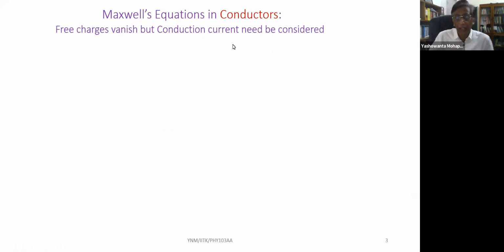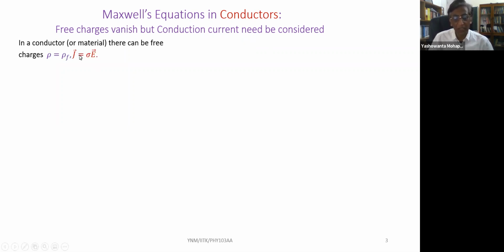But we had to ignore the current in the dielectric or even in vacuum. Here we have to include the conduction current, J is equal to sigma E. So in a conductor, there can be free charges, obviously, but there is a current.